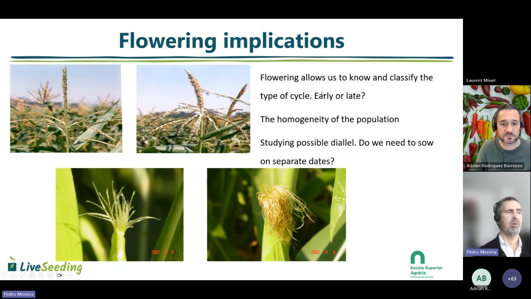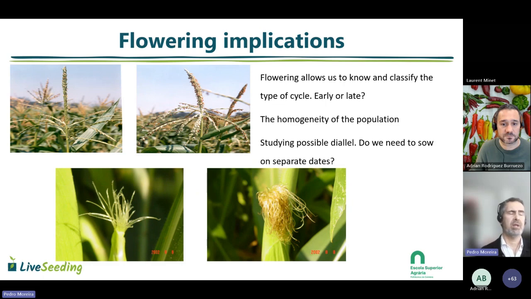But if you go to a population that has a lot of diversity, you can see that there are a lot of differences in the flowering time in that population. This is also very important, as Professor Adrian already mentioned, regarding the crosses that we need to do. Imagine that we have two inbreds and we want to cross them, but for instance, one is very early and the other is very late.